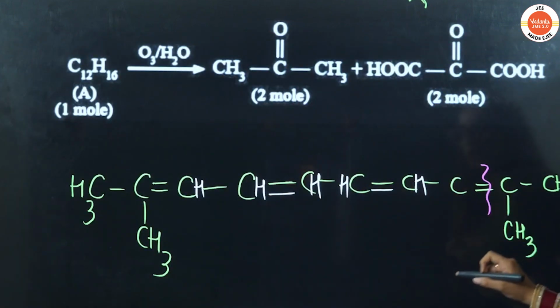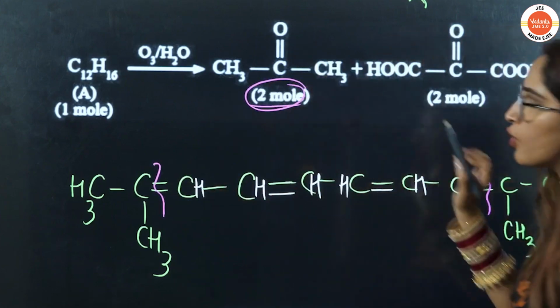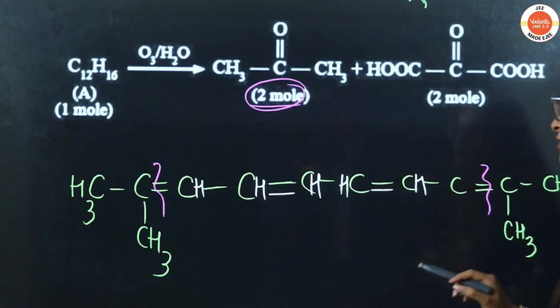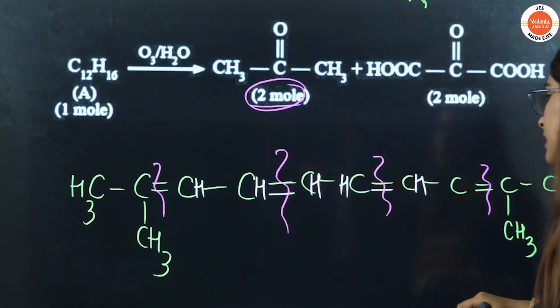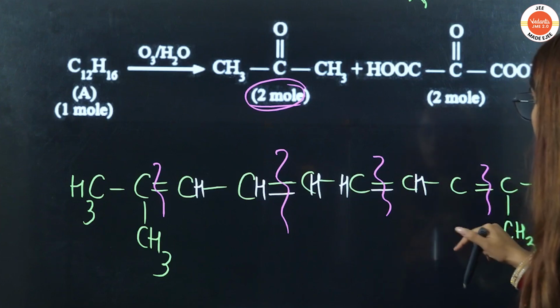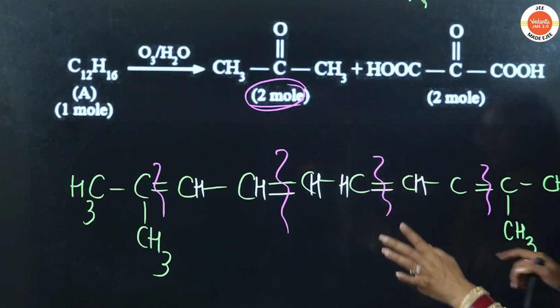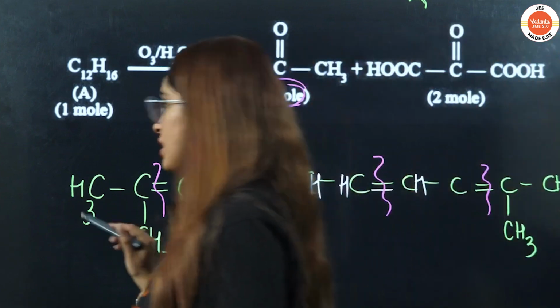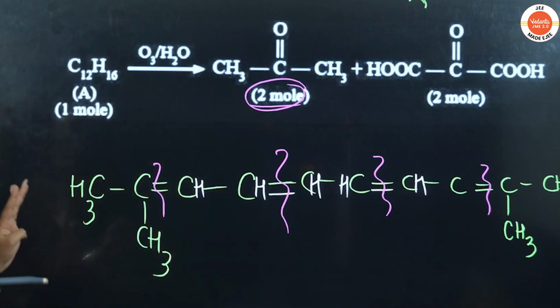When you break this, you will get 2 moles of CH3COCH3, right? You will also get this particular thing, that is COH: C double bond O, COH, COH, C double bond O, COH. Originally you will have 4 bonds here.